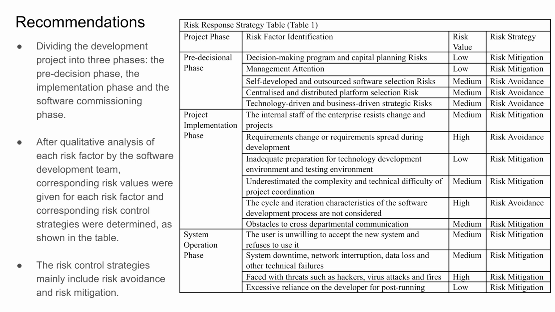We choose one of the main risks, for example, requirement change in the development process. For this risk, we have three solutions. The first one is to use the incremental development mode.